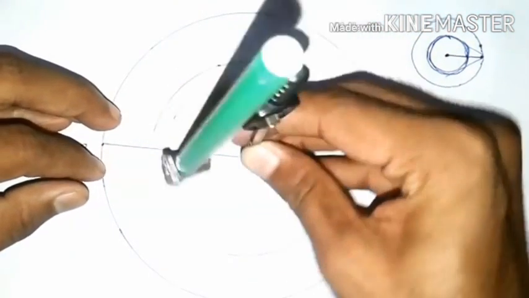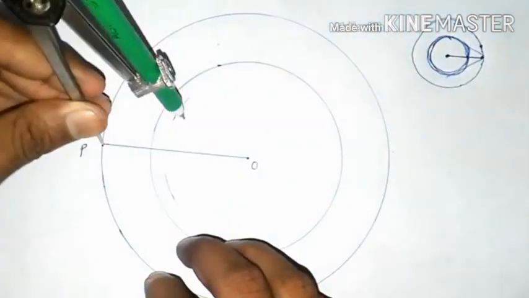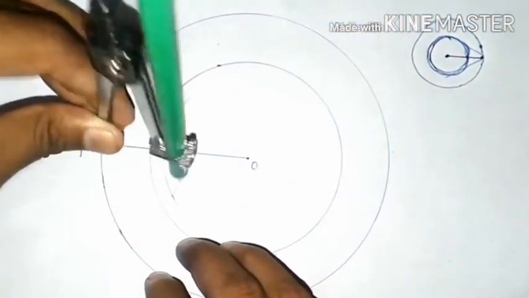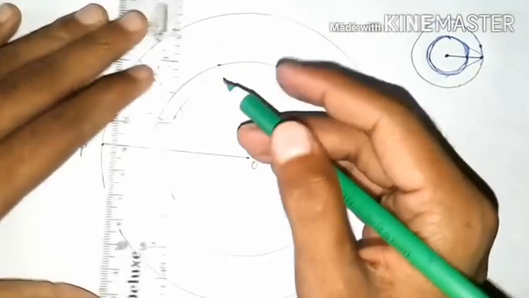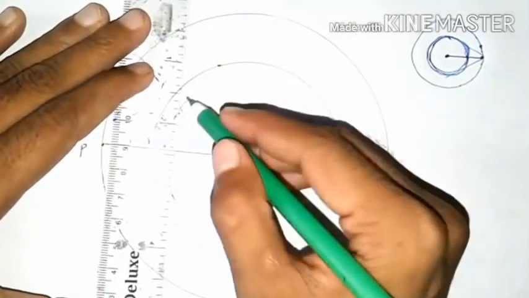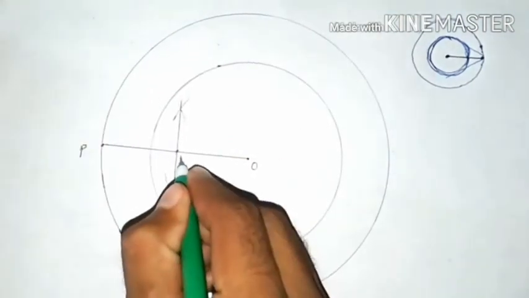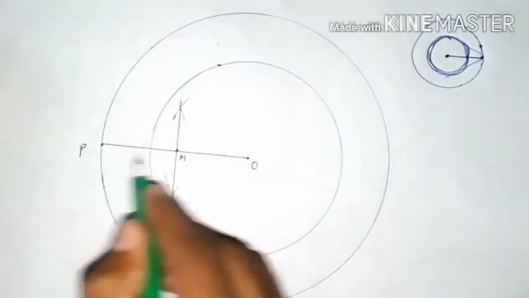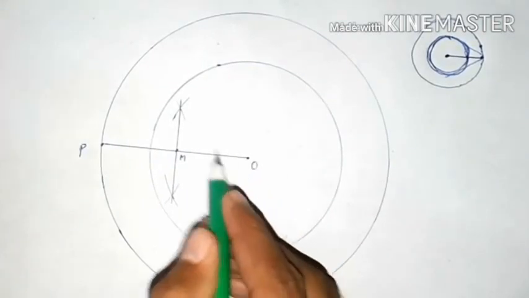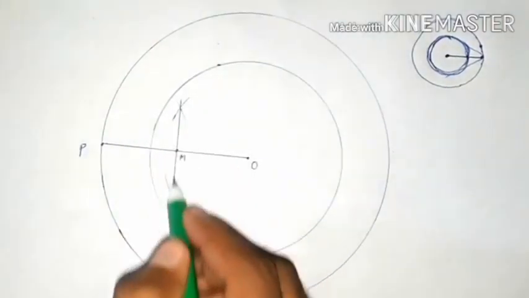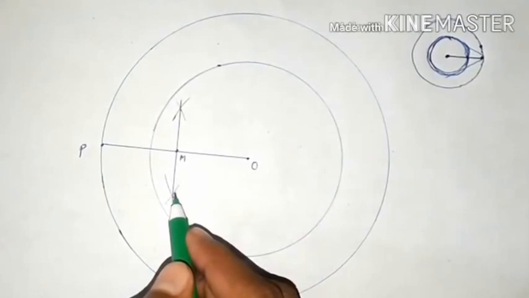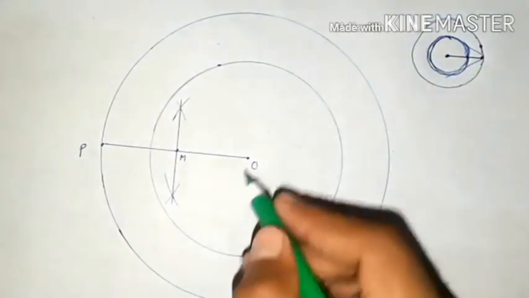With O as center, draw arcs up and down of the line segment OP, and using the same radius with P as center, cut those arcs and join the points of intersection of the two arcs and mark the midpoint as M. So we have got M as midpoint and the perpendicular bisector also we have got.